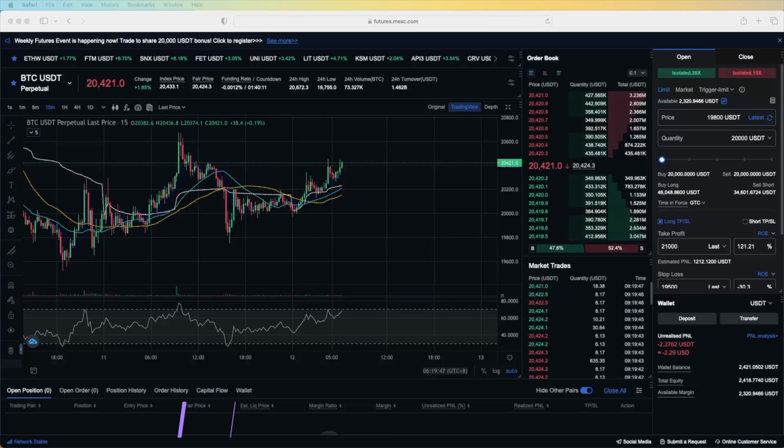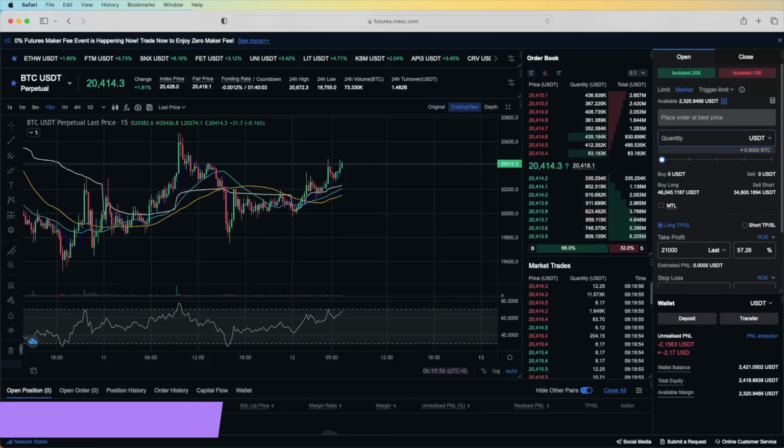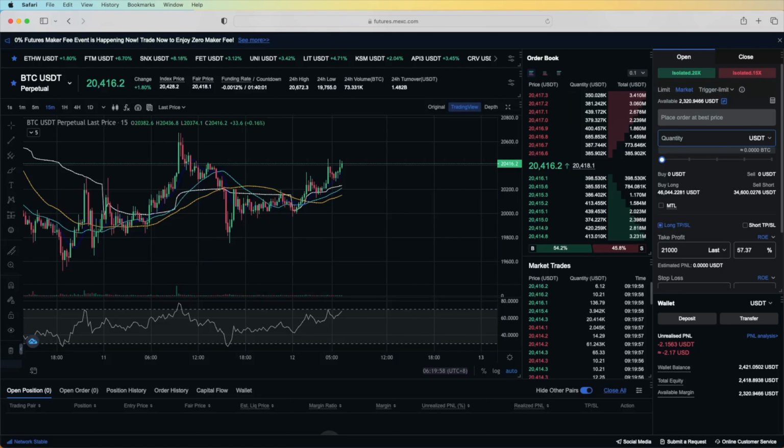The next one that I'm gonna tell you about is the market. The market is when you open the position, when you put on the market price, it straight away opens the position for you. Exactly the same, but market has a higher fee compared with the limit order.